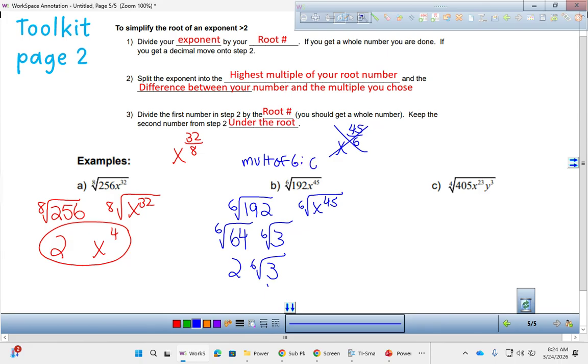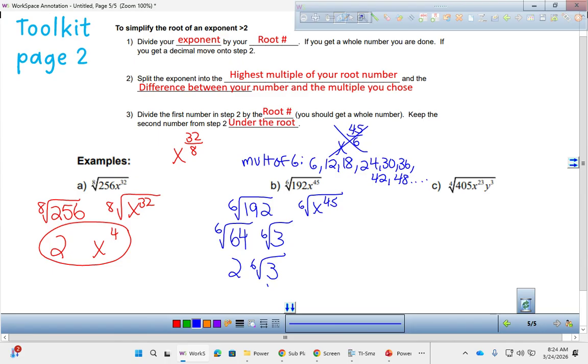They are 6, and then 6 plus 6 is 12, plus another 6 is 18, plus another 6 is 24, plus another 6 is 30, plus another 6 is 36, plus another 6 is 42, plus another 6 is 48, and so on, right? So I want to look at that list of multiples of 6, and I want to pick one that's below 45. There's a lot of them below 45. You want to pick the highest one below 45.